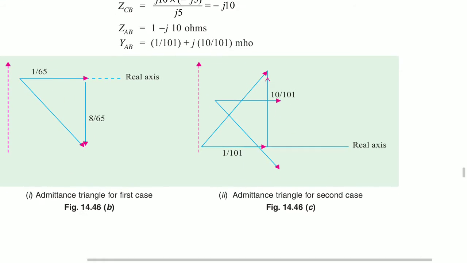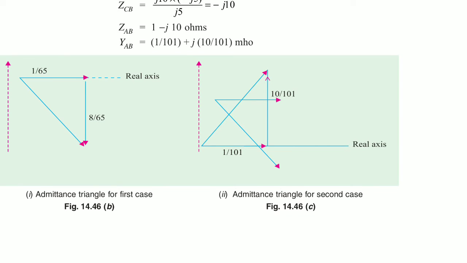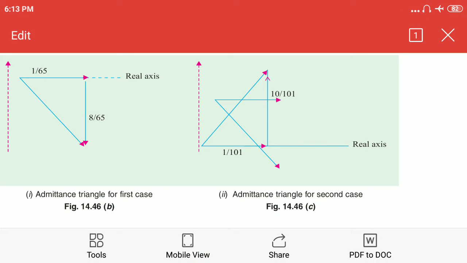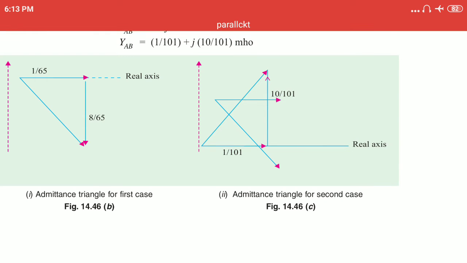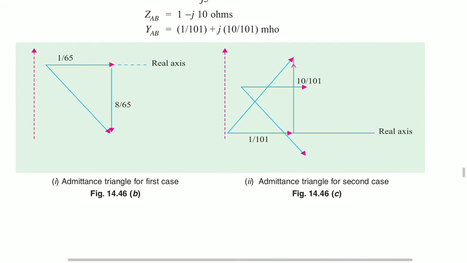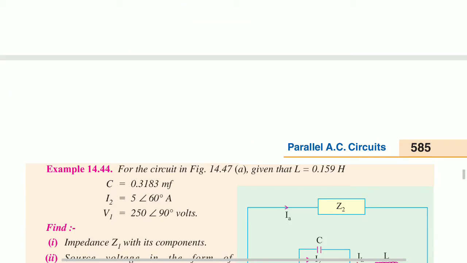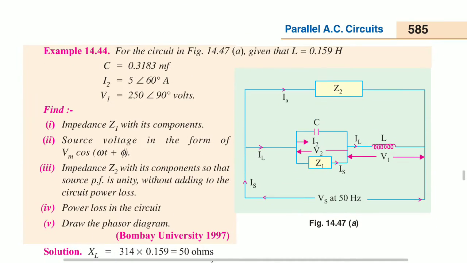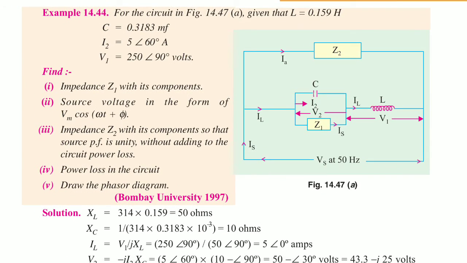So this is the admittance triangle for the first case and for the second case. This is the formula and the solution for this question. Now this is the problem they gave.